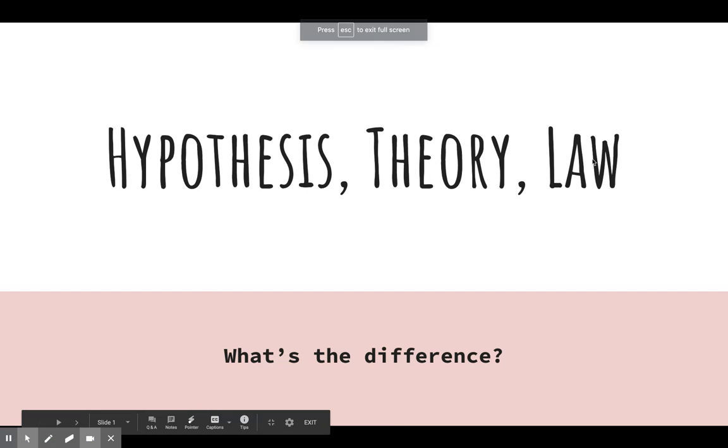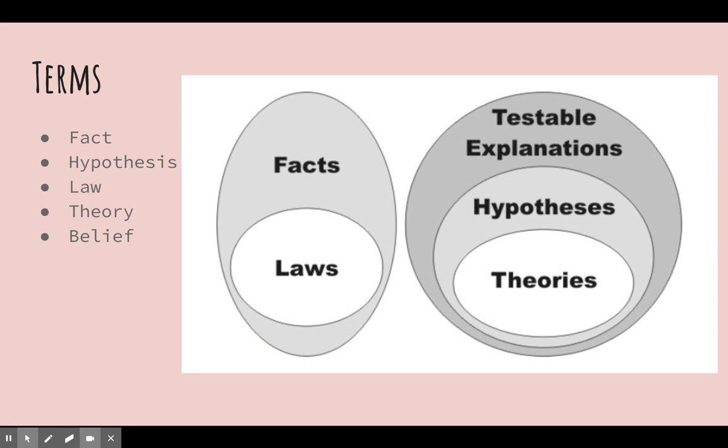So, what's the difference between all these different terms? The five terms that you need to be familiar with throughout all of this are fact, hypothesis, law, theory, and belief. And I want to show you this picture when we first start.